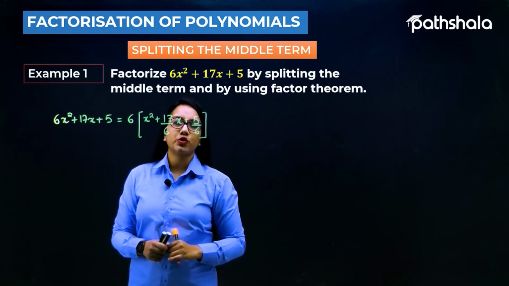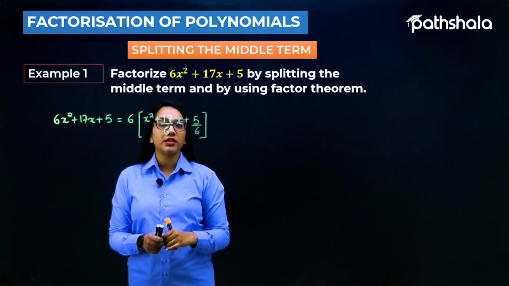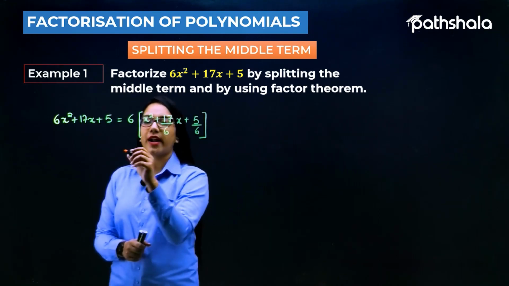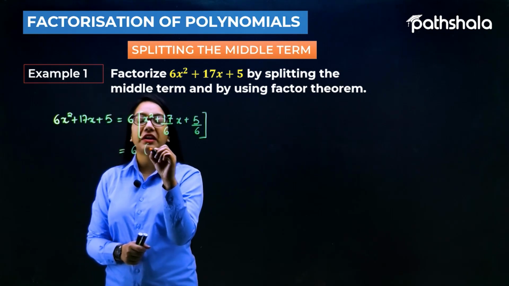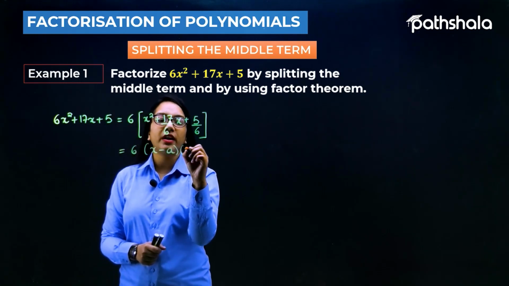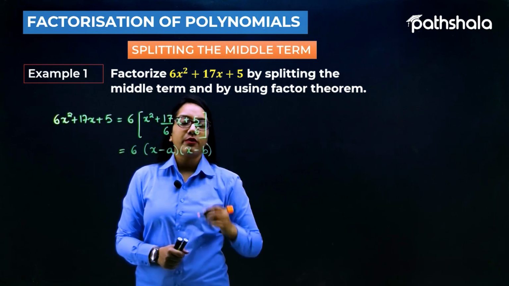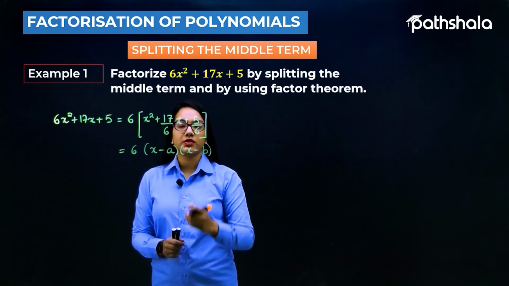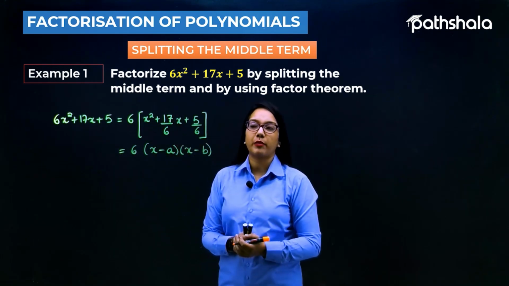So let us suppose we are talking about the factors of this particular quadratic polynomial. Let us suppose I am writing it as x minus a into x minus b, where a and b are nothing but the factors of this quadratic polynomial.